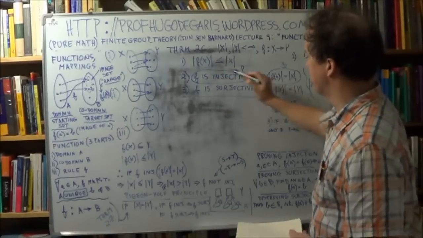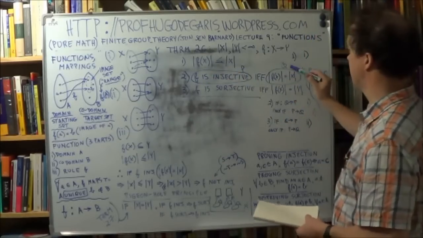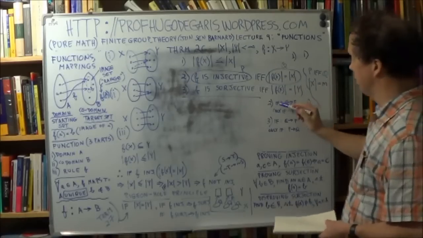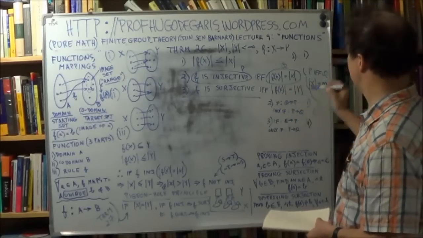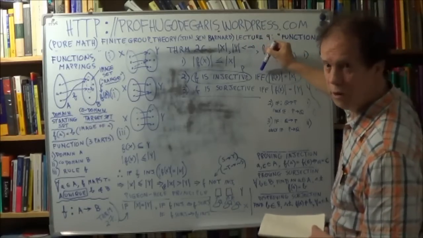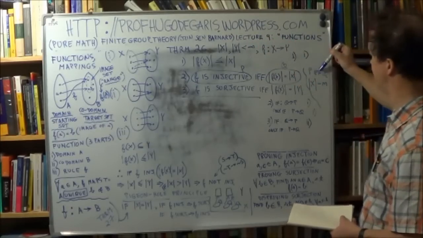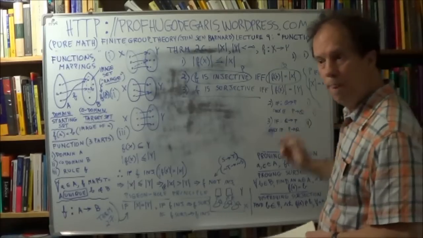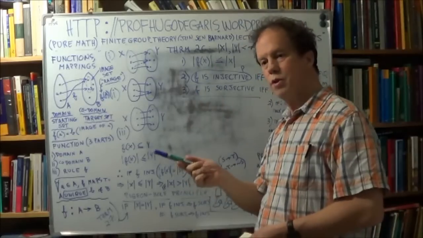So call that statement P, call this Q, so that's the left-hand side, this is the right-hand side. Now, you have P if and only if Q. So the if case: P if Q, so P is true if Q is true.